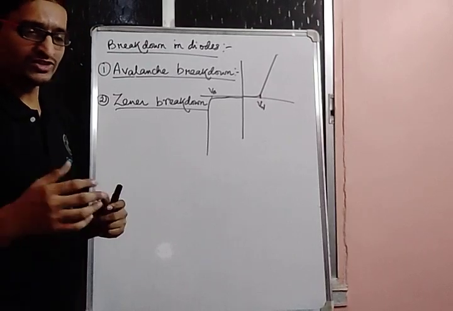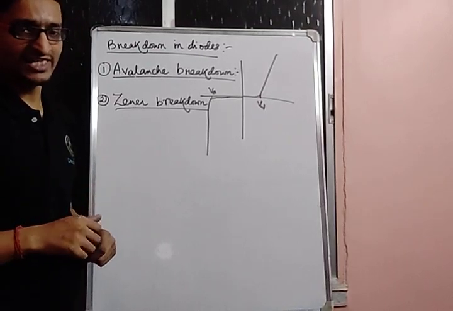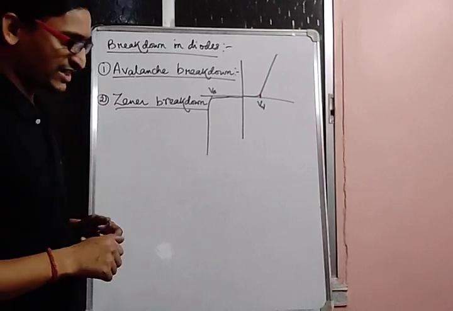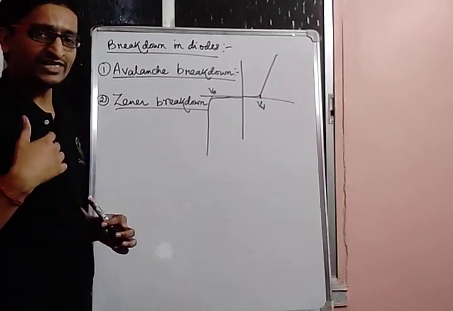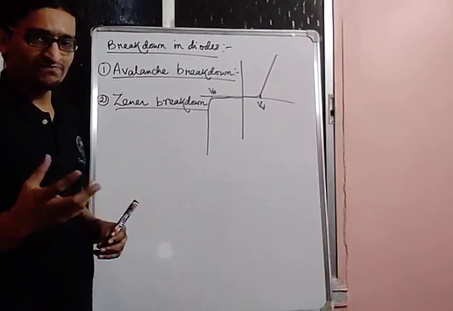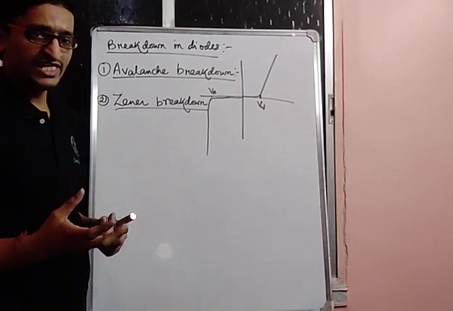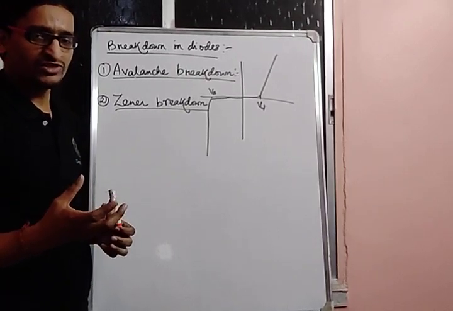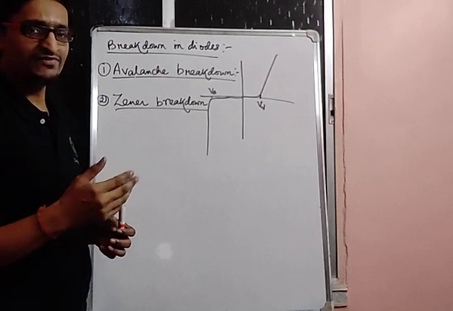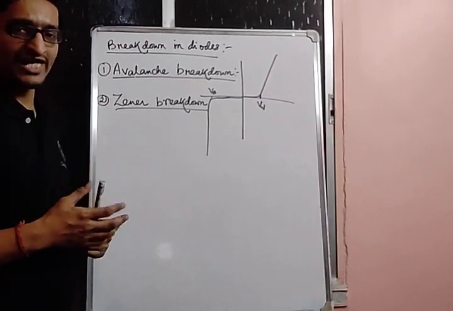It can be donor ions or acceptor ions. So it imparts a sufficient amount of energy to this valence electron so as to collide with the ions.